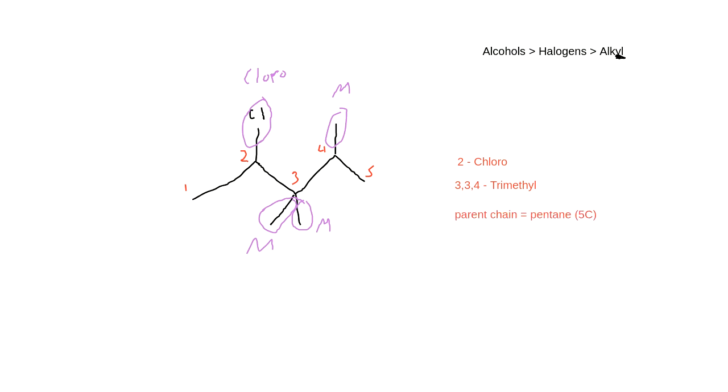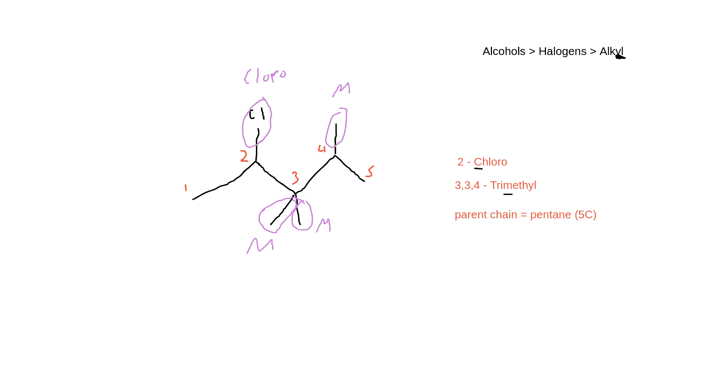So to put it all together, you have to put it in alphabetical order. So chlorine, C versus methyl, chloro versus methyl. Which one comes first? Yeah, C definitely does.